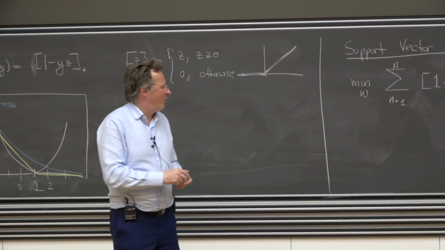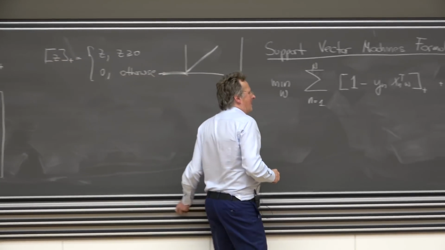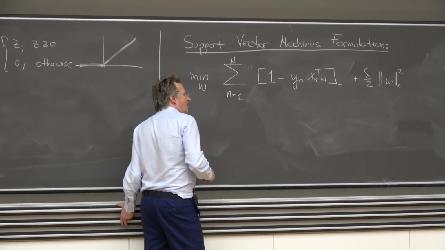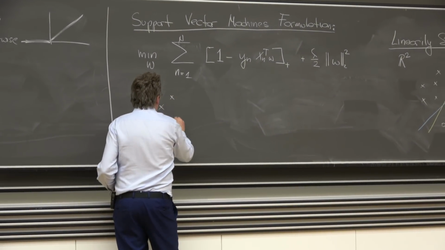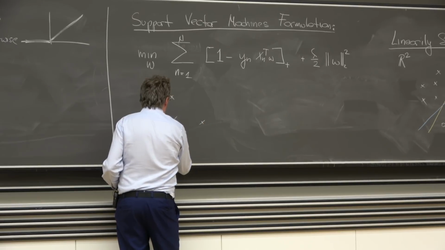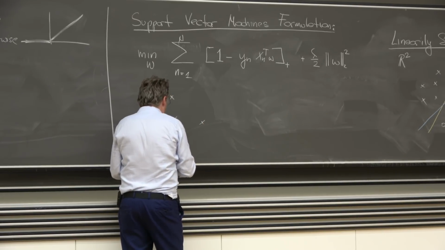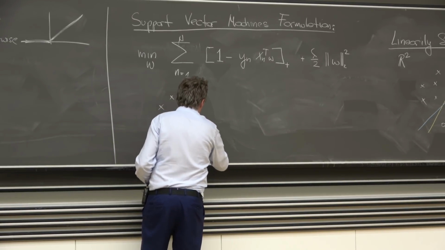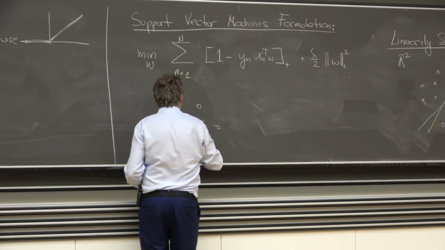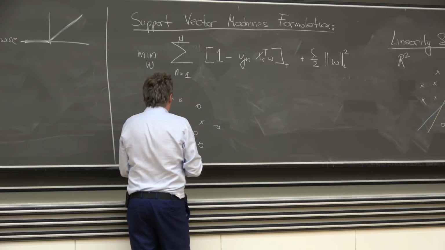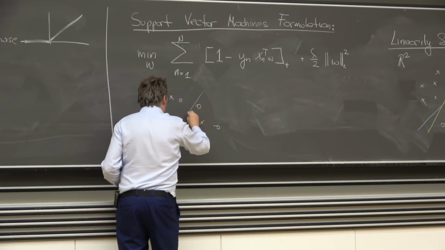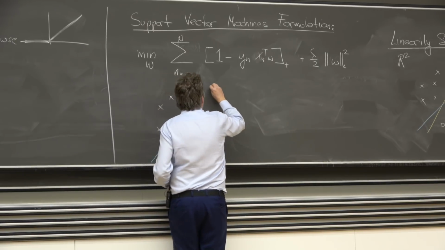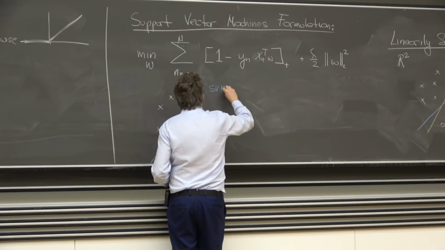If we first look at data that is not even necessarily separable, just to introduce some notation, maybe something like this, then you will see the hyperplane given by the support vector machine.